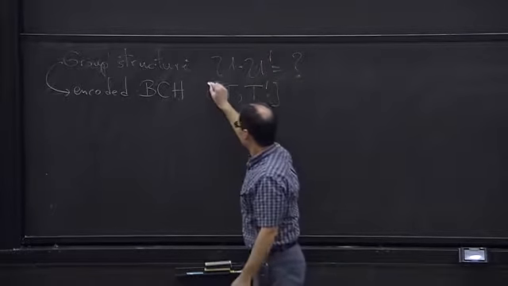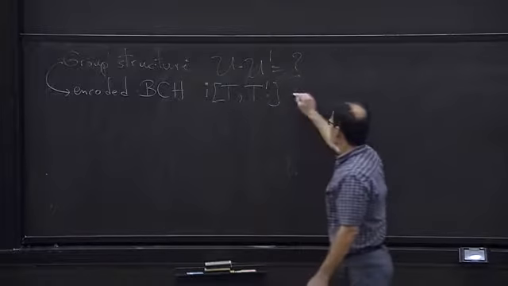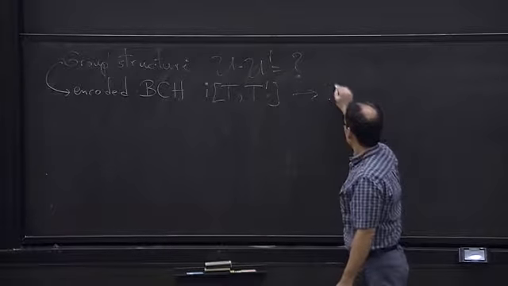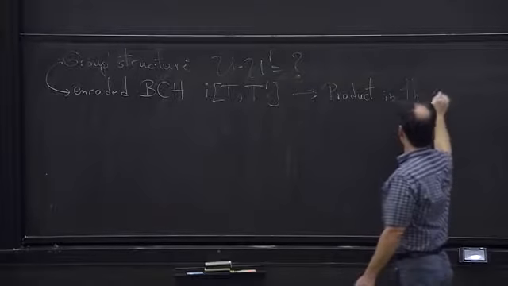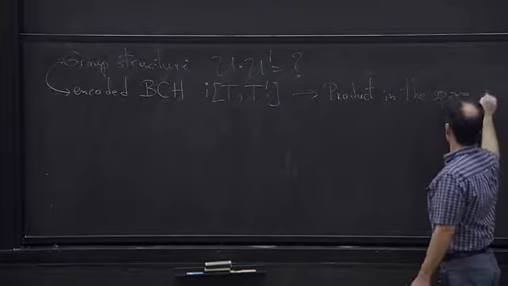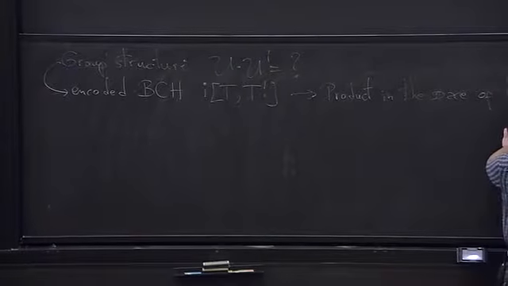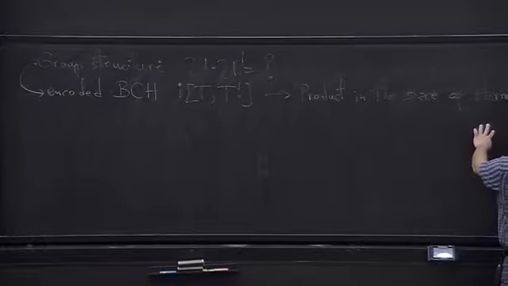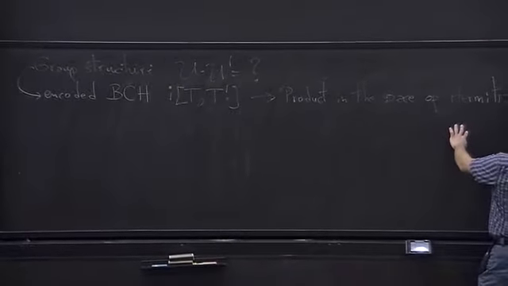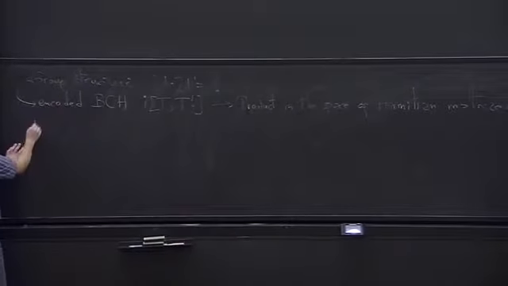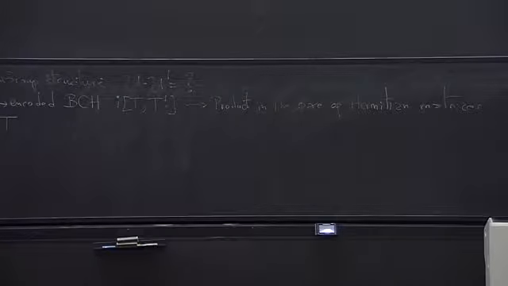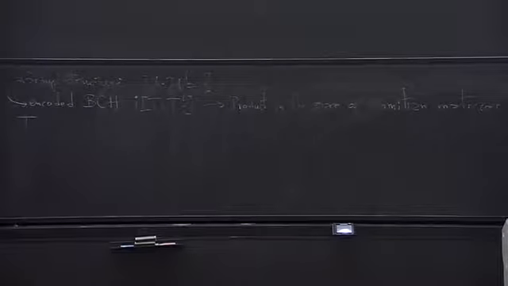And now if we multiply by an i, this guy can be thought of as a product in the space of Hermitian matrices. What do I mean by that? Well, we had a vector space, and now we're giving a way of multiplying vectors.